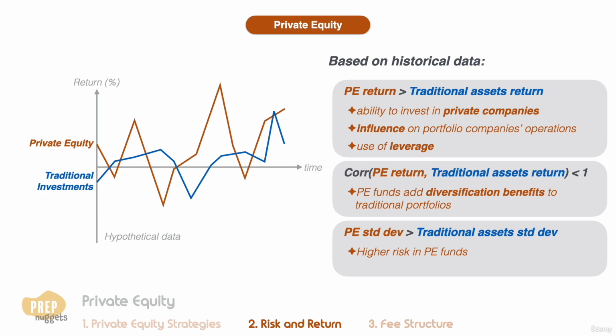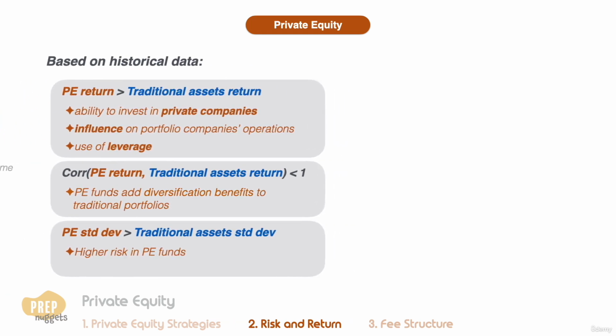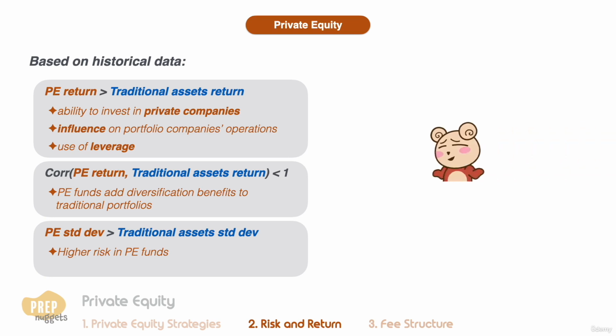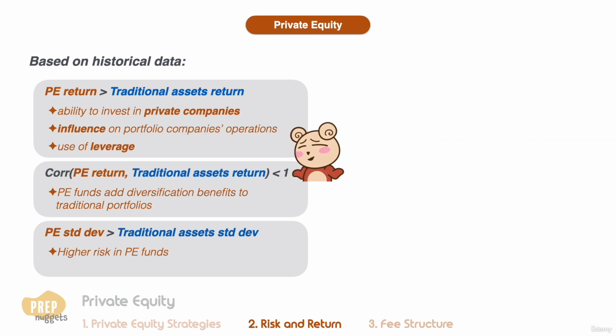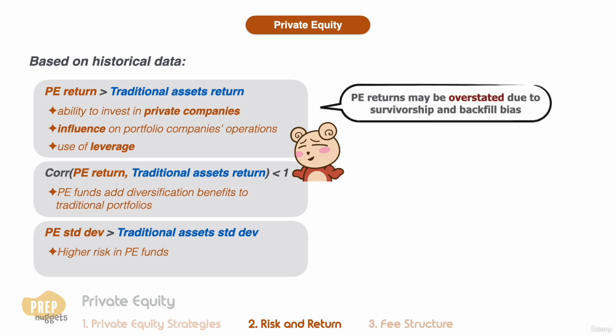While these characteristics seem to indicate that private equity is an ideal diversification asset, some critics seem unconvinced. As with most other forms of alternative investments, private equity returns data may be overstated due to survivorship bias and backfill bias. Refer back to the first lesson for the explanations on these two biases.